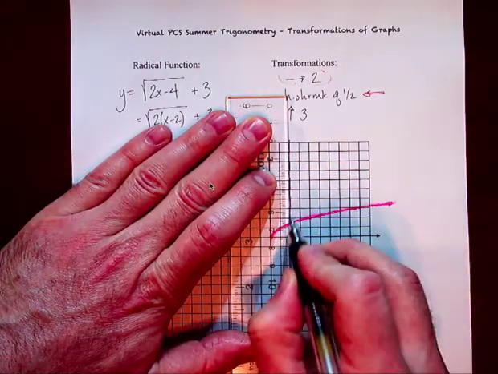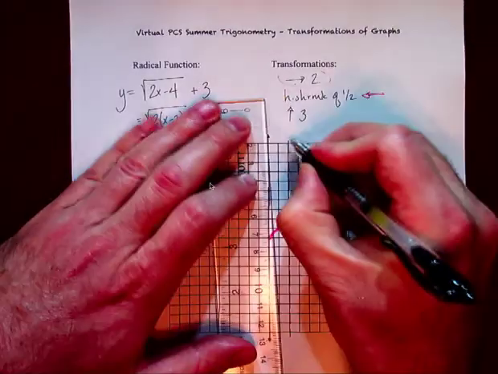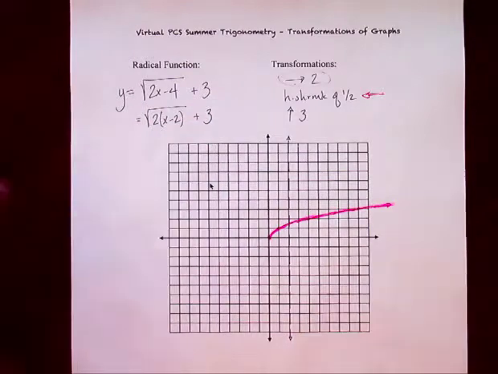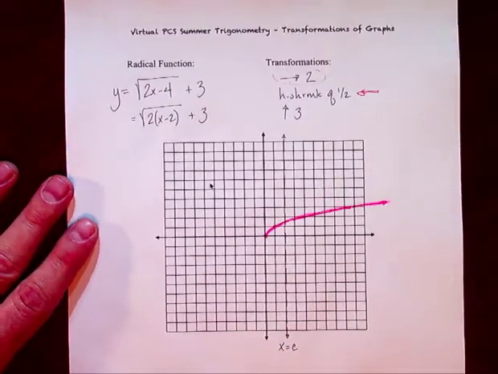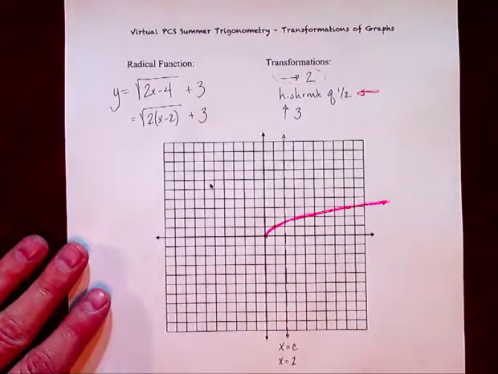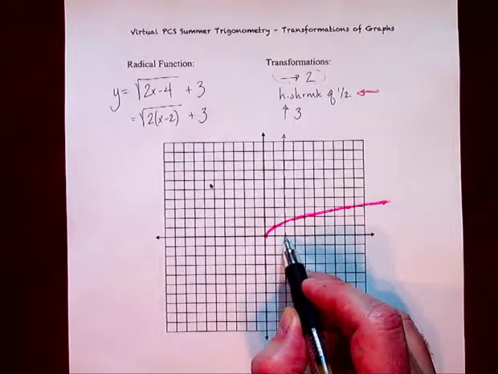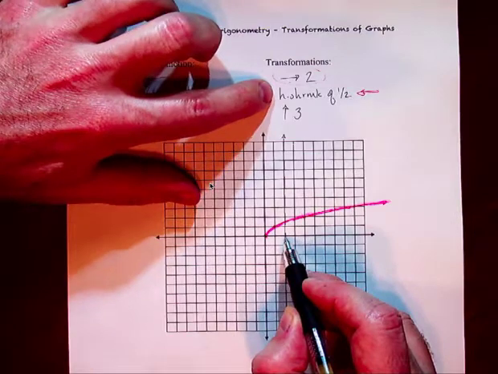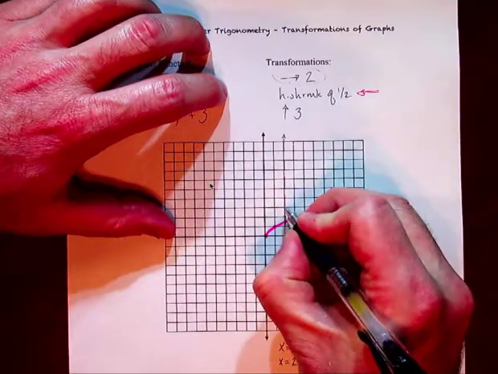This is our new 0 point, and since stretches, shrinks, and also reflections happen with respect to 0, they happen with respect to our x is equal to c line. And in this case, it's not just some vague c, it's actually x is equal to 2. So I move my vertex over 2 units. Since it's what defines 0, it can't shrink, because 0 times 1/2 is 0. And then I move it up 3.